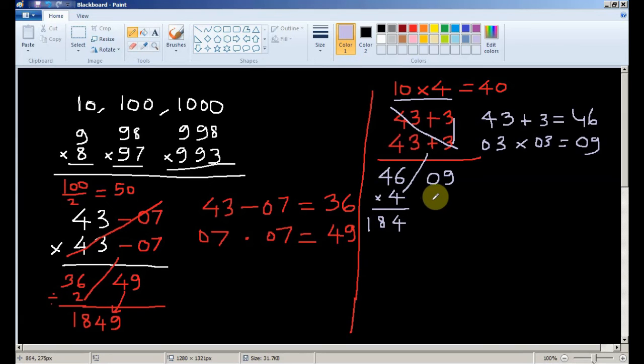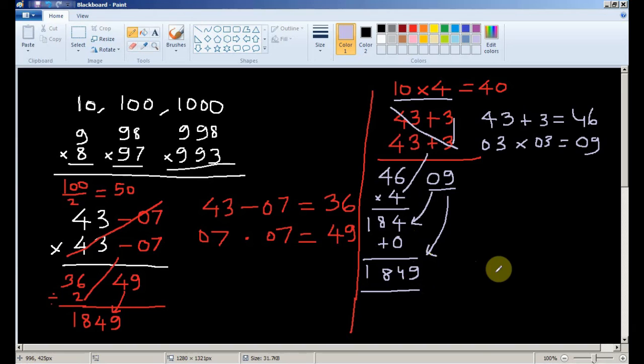Now in this case, you cannot have two numbers here, because you have to add the second number to the first number. So add this number 09 to the first number, 184, and write it down. So my answer is 1849.